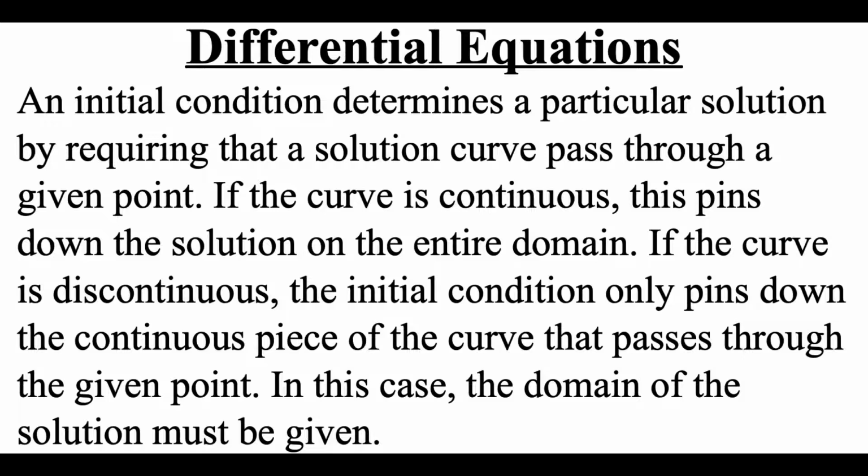But if we end up with a solution that's discontinuous, then the initial condition that we're given only locks that function in over the continuous chunk of the curve that passes through that specified point. We don't necessarily know what's happening outside of that one individual chunk of the graph because of those discontinuities. So in this case, then we have to specify the domain of our solution.